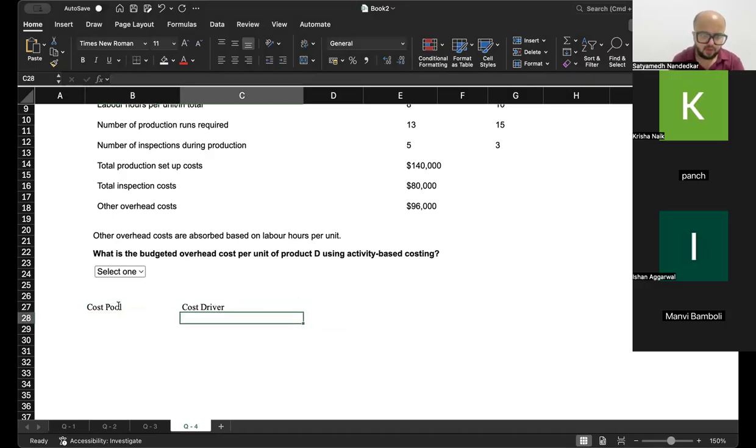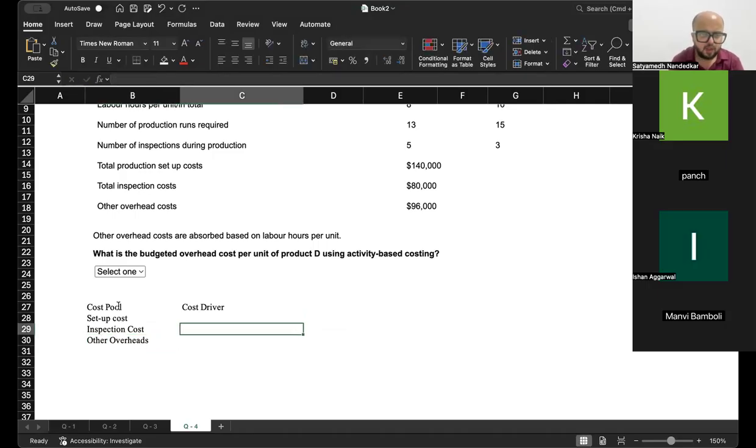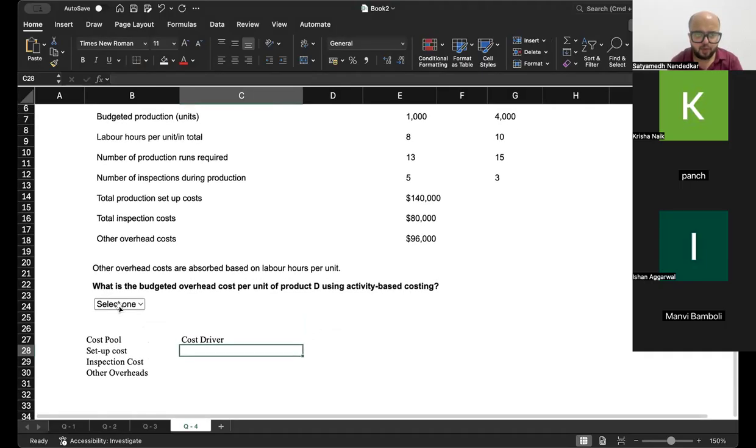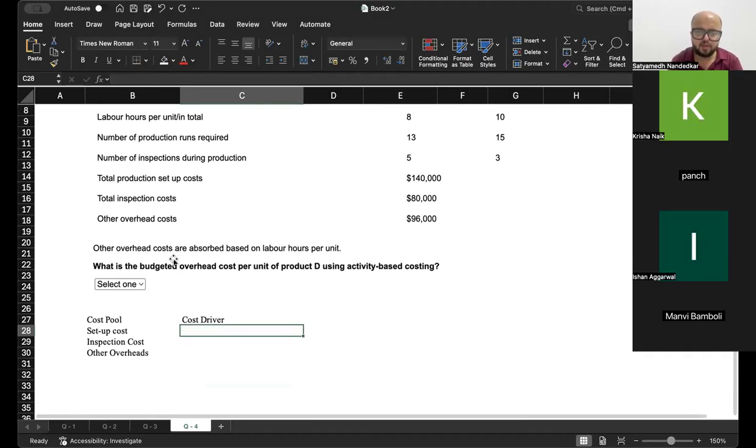Now let's write down the cost pool and cost driver. Setup cost, inspection cost, other overheads. For production setup cost, the driver will be the number of production runs required.